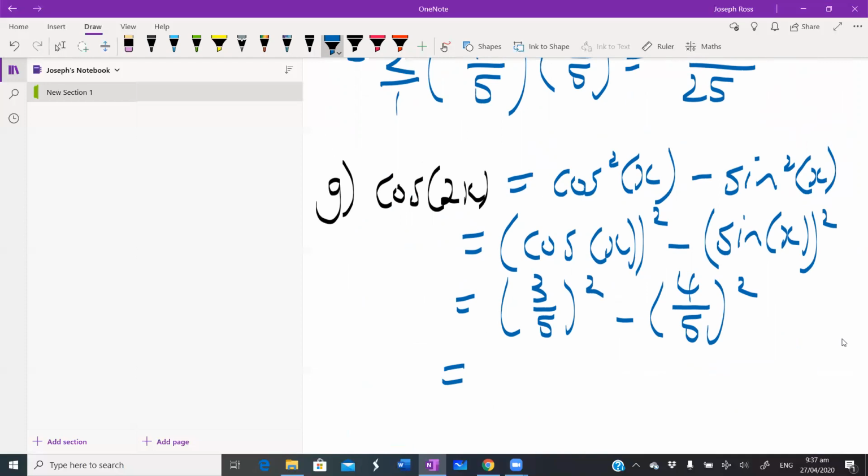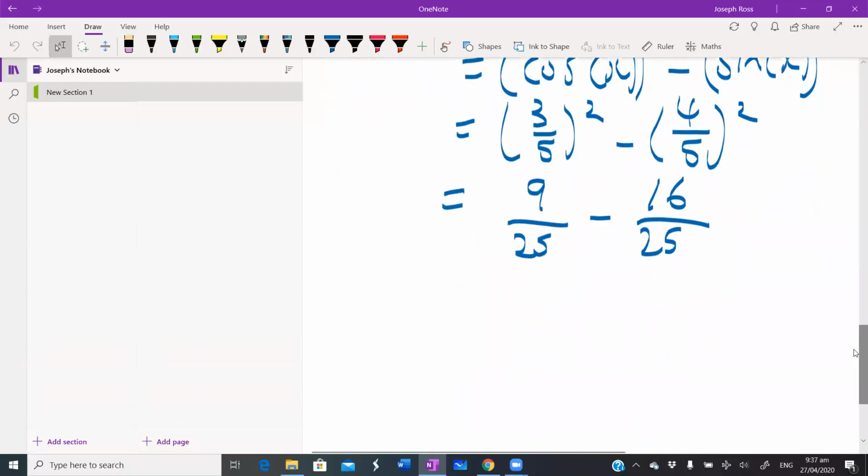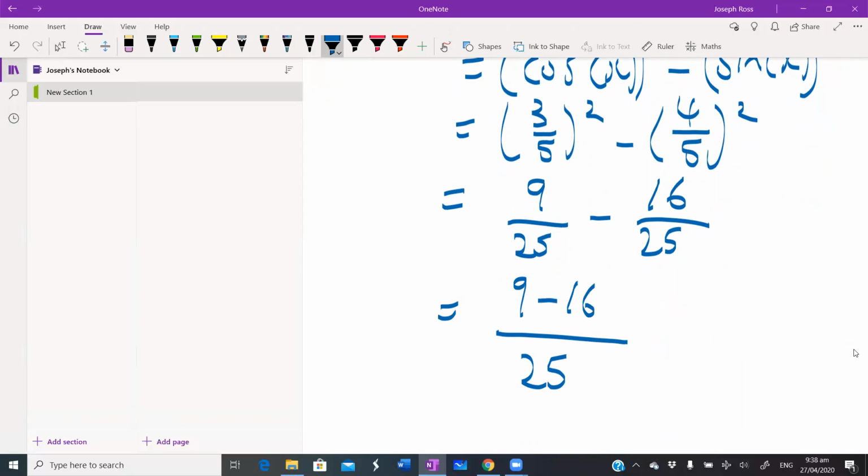So 3 squared is 9 over 25, minus 4 squared is 16 over 5 squared is 25. Now we can only subtract fractions if we've got a common denominator, in other words, the same number on the bottom of both fractions. But here we have a common denominator. Here we have 25 on the bottom of both fractions. So we're going to get something over 25. And what we're going to get is 9 minus 16 on the top, and 9 minus 16 is negative 7 over 25.